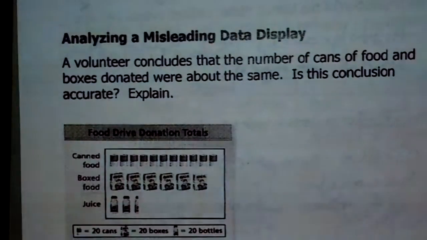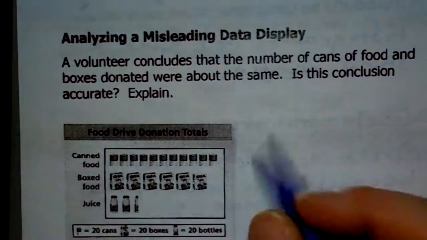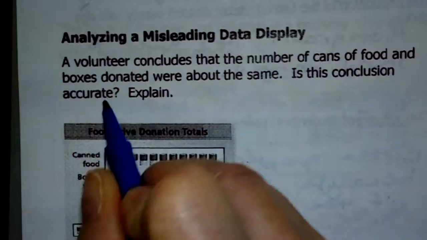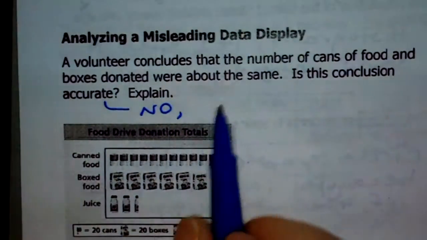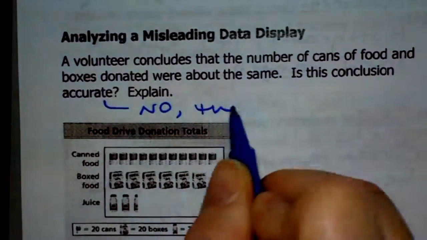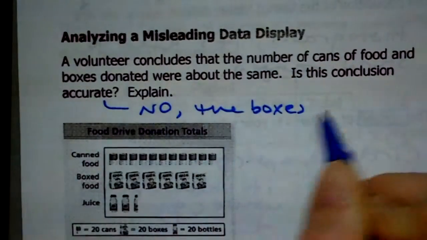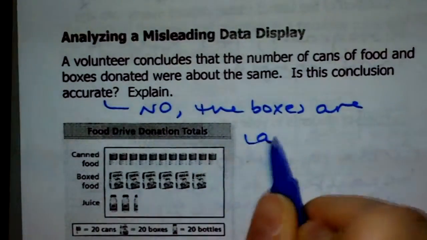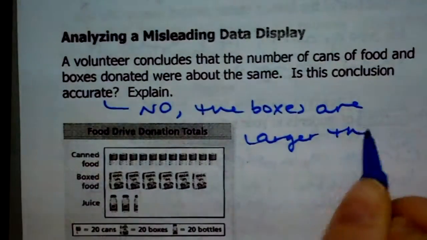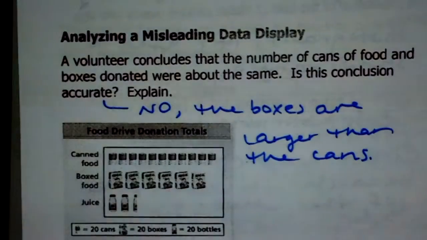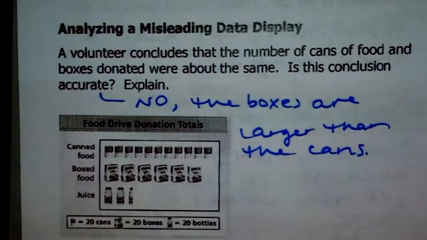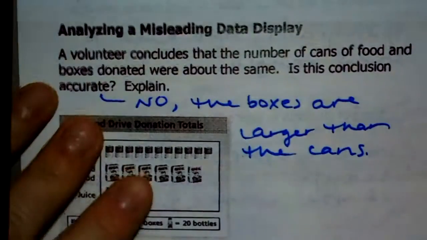So the conclusion is not accurate. Is the conclusion accurate? No. And the problem is that the boxes are larger than the cans. So that can also be something that misleads you. So pay close attention, take a look at what kind of scales they're using.